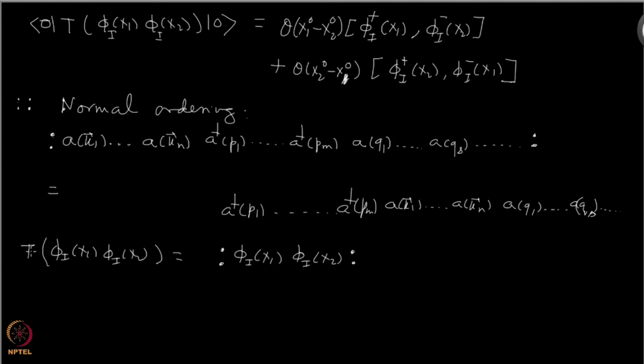We are saying that the time ordered product of these two fields is a sum of terms in which all the operators are normal ordered, plus a term which we got, which was this piece. Let me write it here. So I will introduce another notation. I will say phi_I(x1), phi_I(x2) with a contraction symbol.